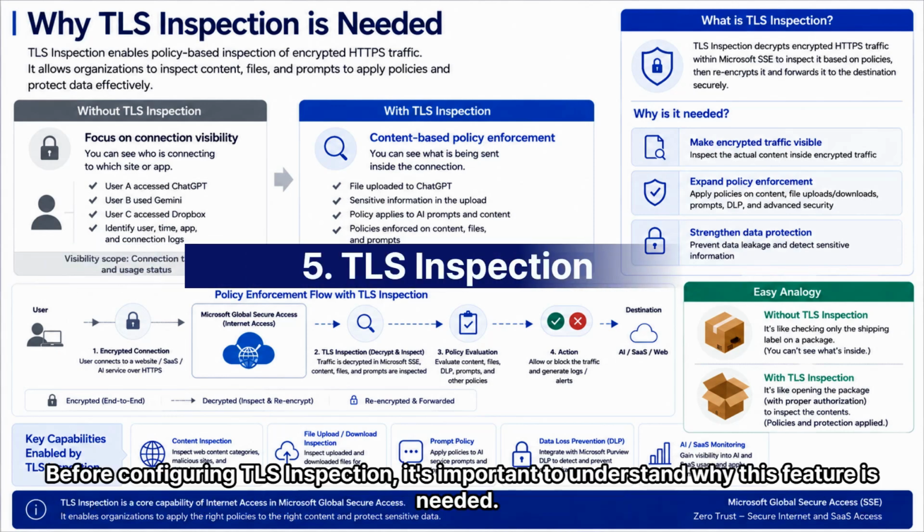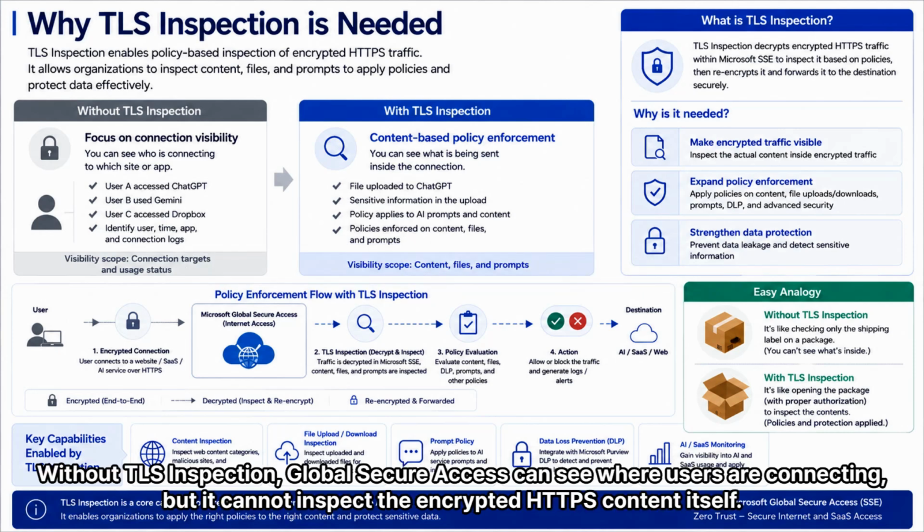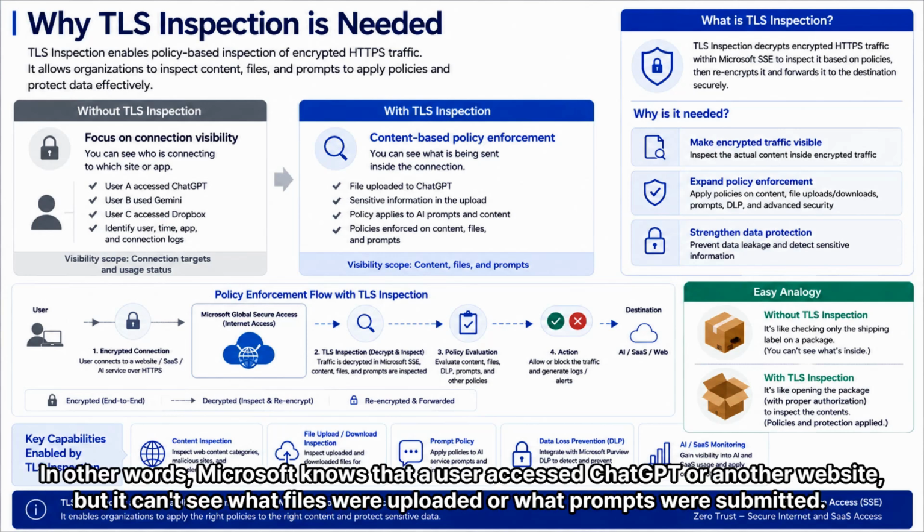Before configuring TLS inspection, it's important to understand why this feature is needed. Without TLS inspection, Global Secure Access can see where users are connecting, but it cannot inspect the encrypted HTTPS content itself. In other words, Microsoft knows that a user accessed ChatGPT or another website, but it can't see what files were uploaded or what prompts were submitted.